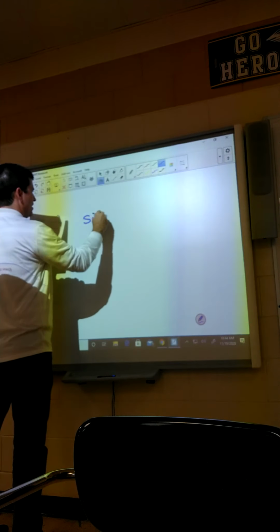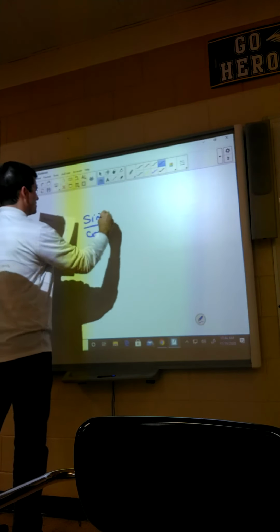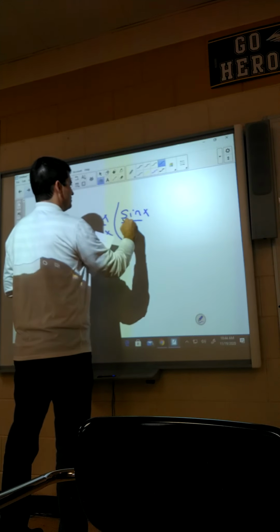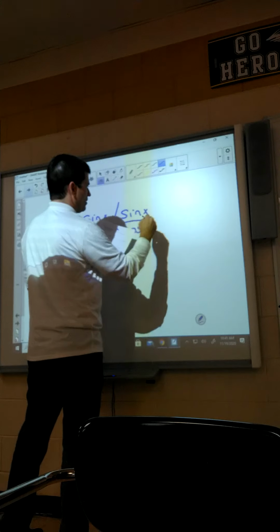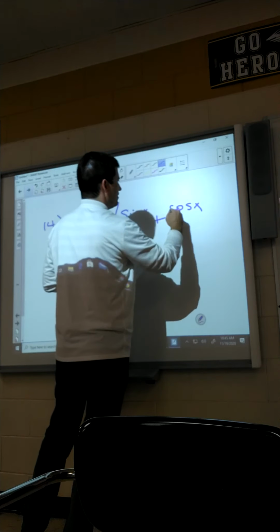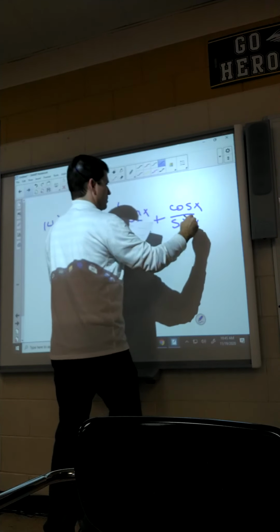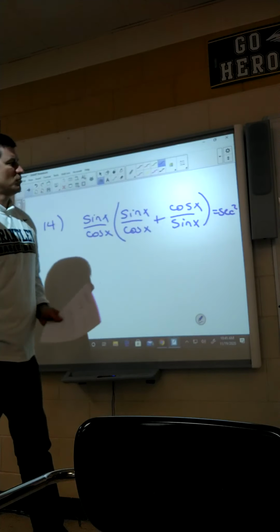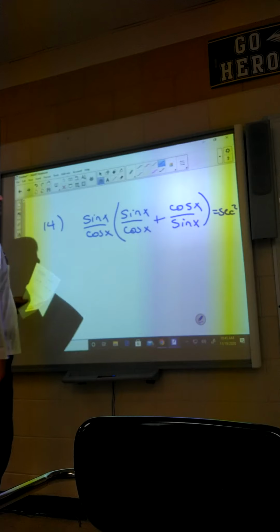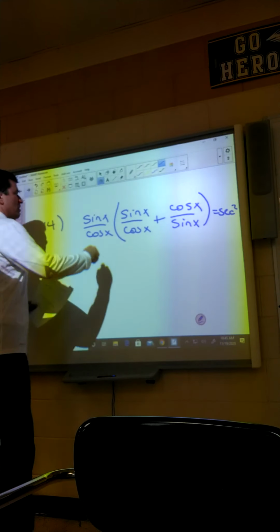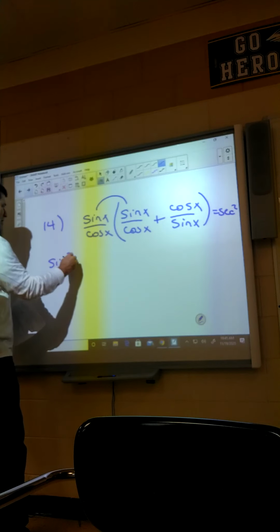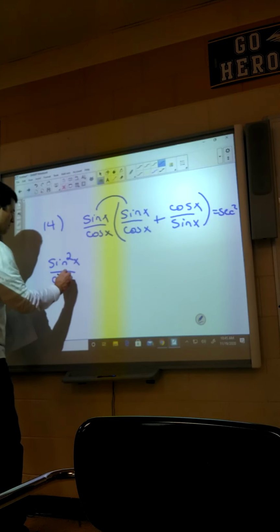Tan is sine x over cosine x. Tangent is sine over cosine, plus cosine over sine equals secant squared. Well, if that's just one word on the right, then we know the left side is going to work out to secant squared. When I distribute these, sine times sine is sine squared over cosine squared.